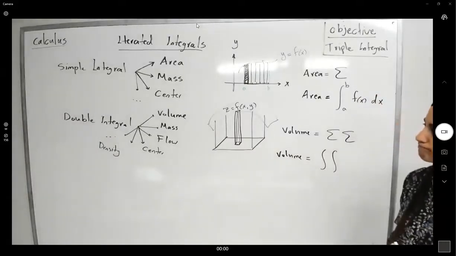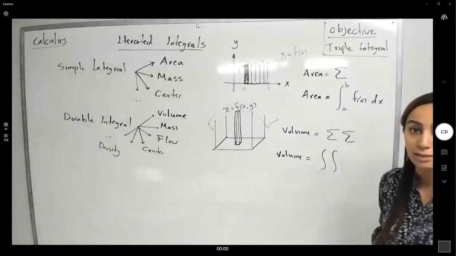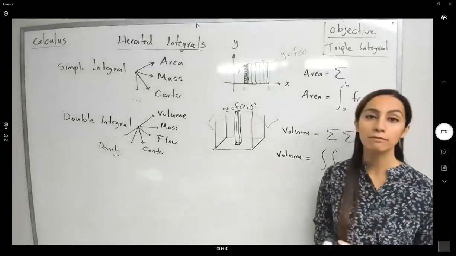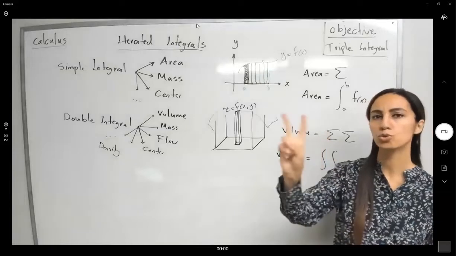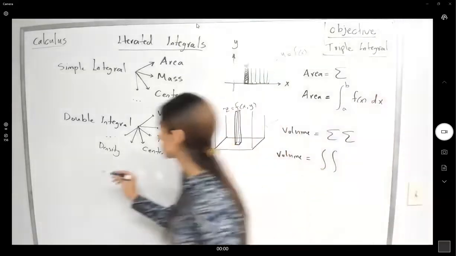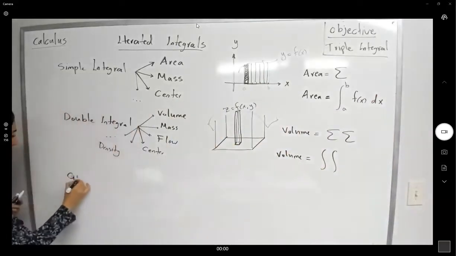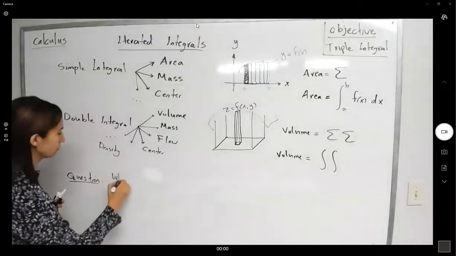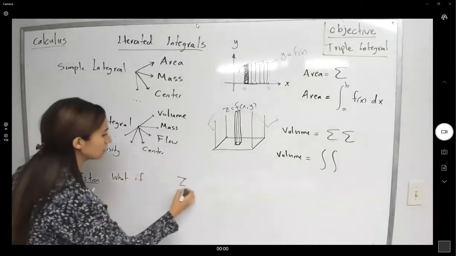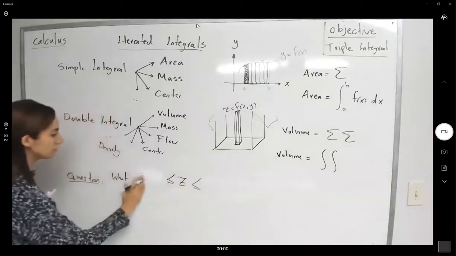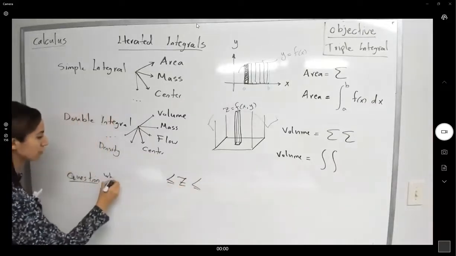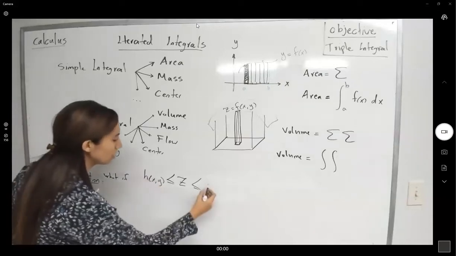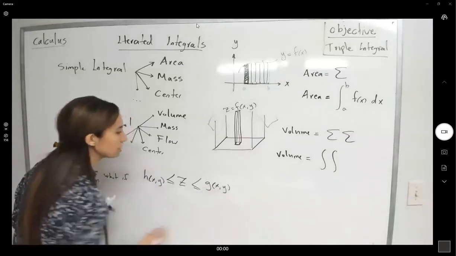Well, now I expect you to ask, what if I want to bound my z value between two different functions? So here's the question. What if z itself is bounded between two functions, like h of x and y and g of x and y?